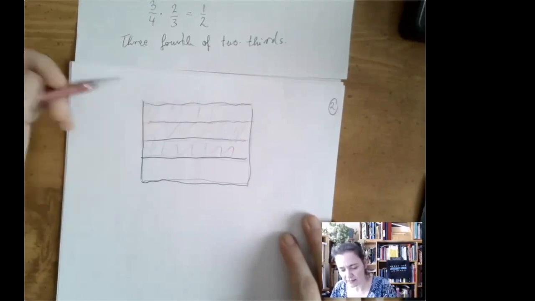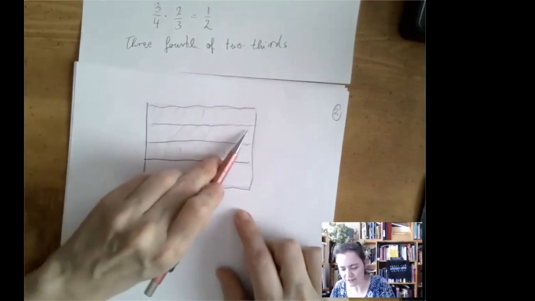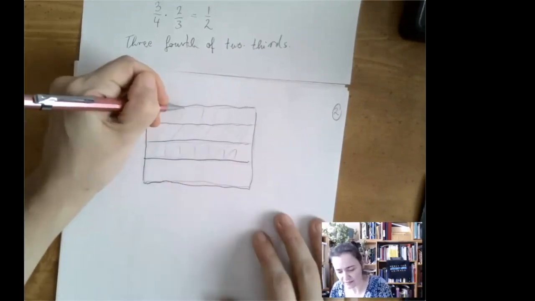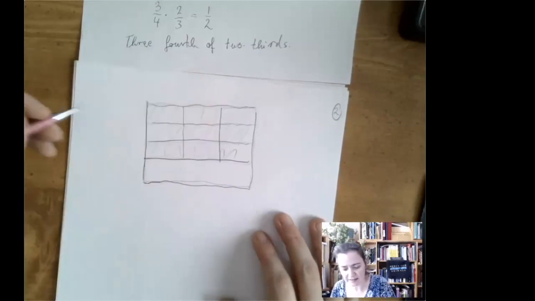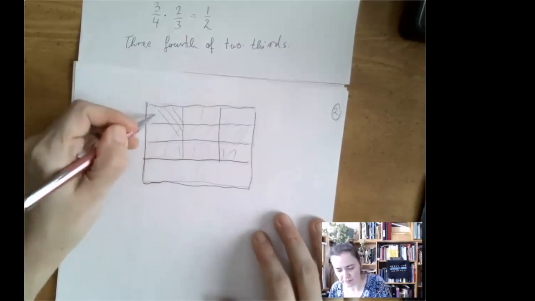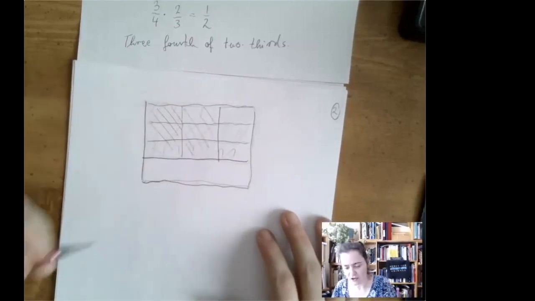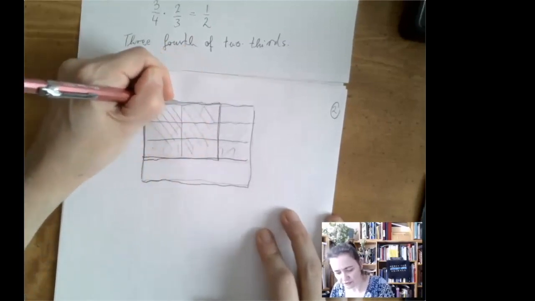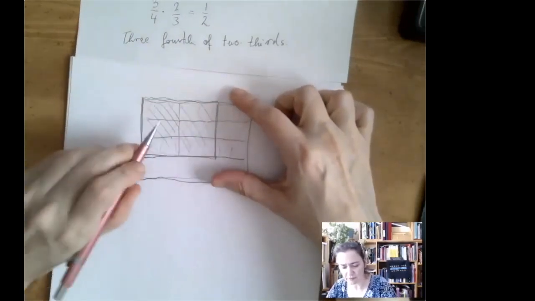I shouldn't have drawn these lines dark, because now imagine that that's not there. So we're going to split it up into 3 equal parts and take 2 such parts. We're going to take 2/3 of this. So this here is 2/3 of 3/4, right? Here is 3/4. We split it into 3 equal parts and took 2.